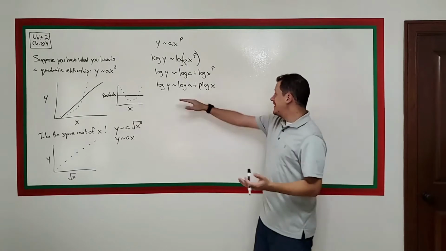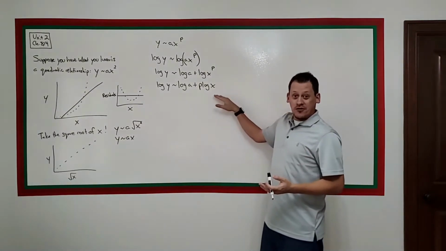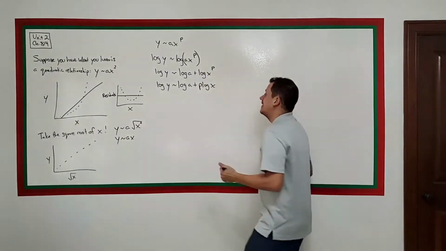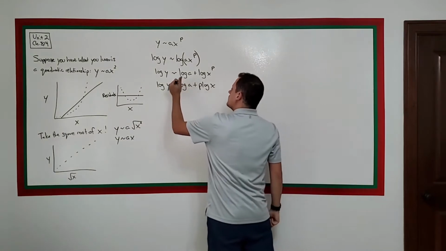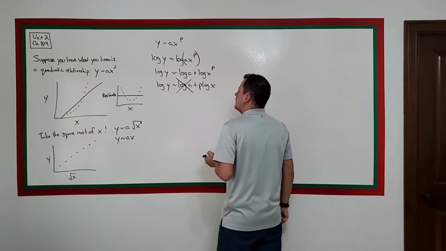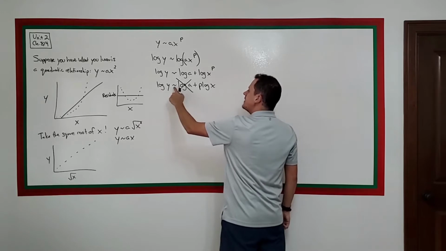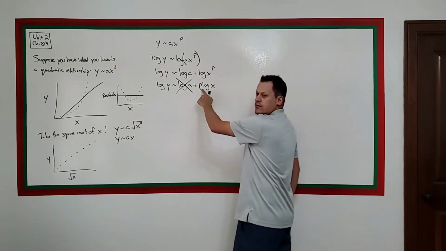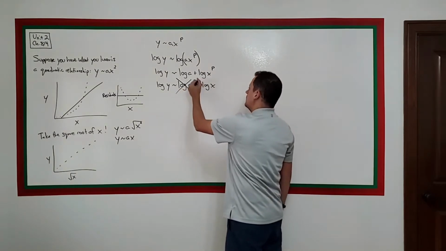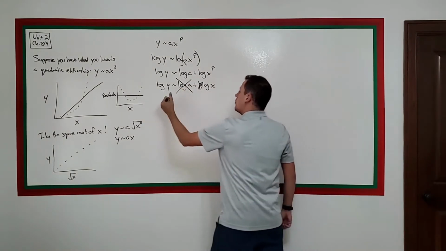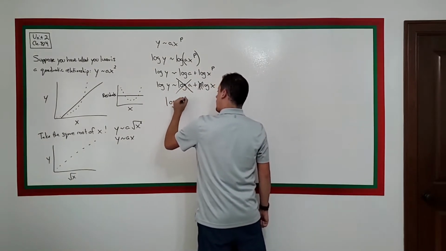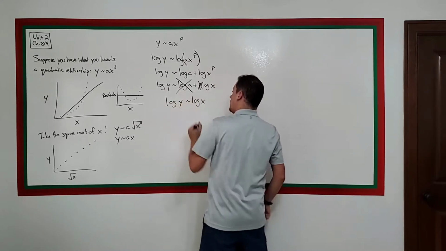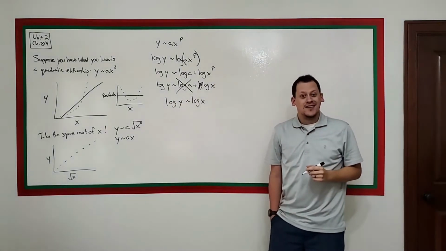Now notice, this is a linear relationship. Okay? This is just a constant, so it doesn't really matter. Right? So the log of y is proportional to p log x. Since we're just talking proportion here, the p doesn't matter either. So log of y is proportional to the log of x.